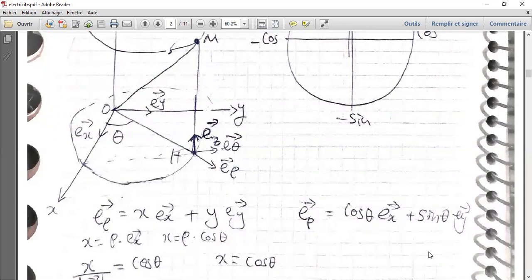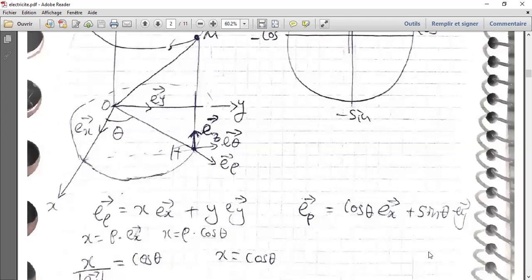So I made something for you. How do you find the relationship between cylindrical coordinates and Cartesian coordinates in three-dimensional space? Cartesian coordinates basically are defined in X, Y, and Z, which is three-dimensional space.